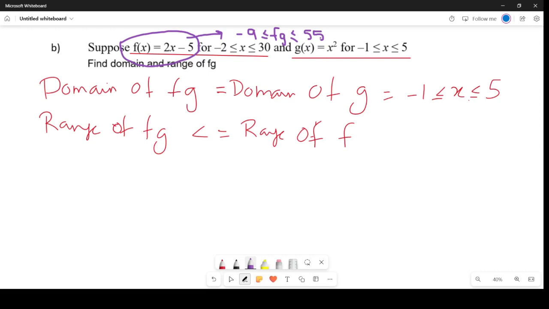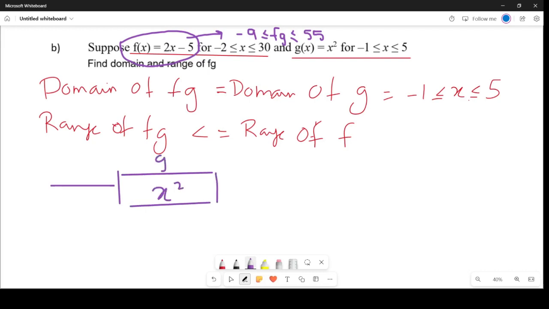Now let's see whether the range of fg will be exactly the same or lie under it. So the first method we'll use is the block method. The inner function is g, so we start with the domain of g. The allowed input values are -1, 0 till 5.